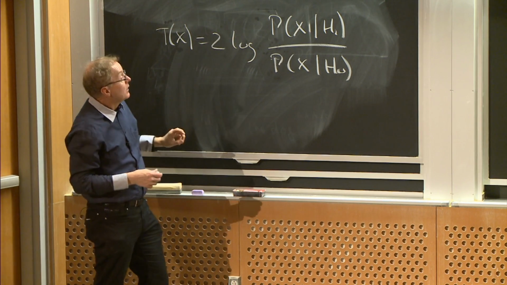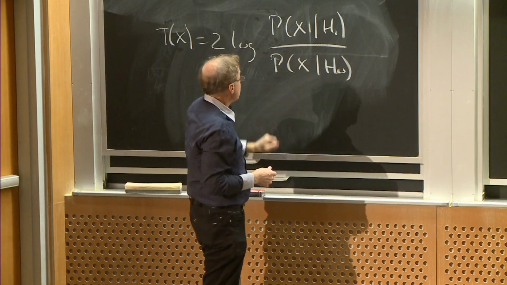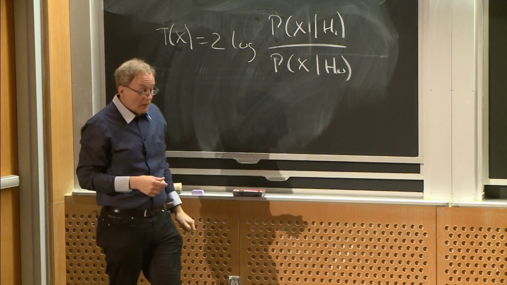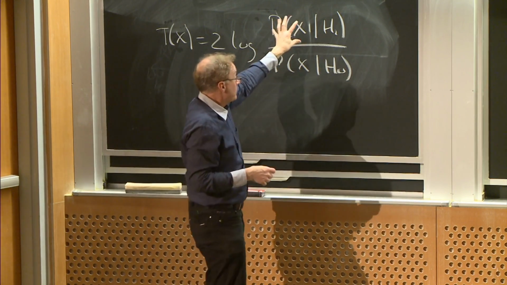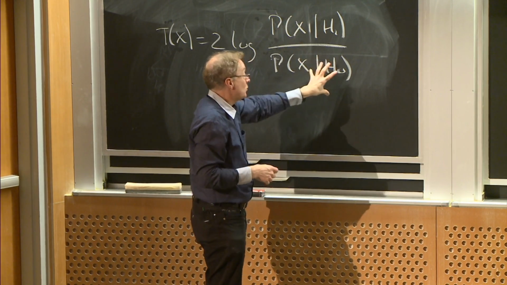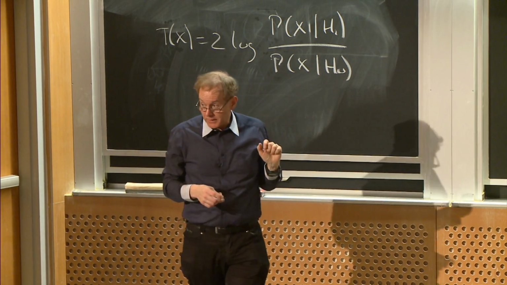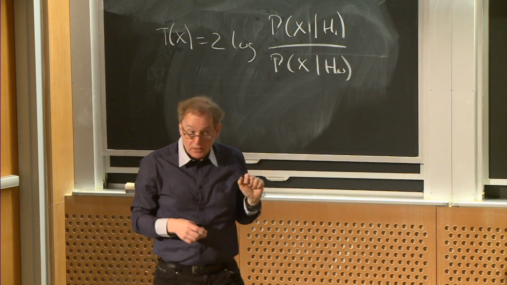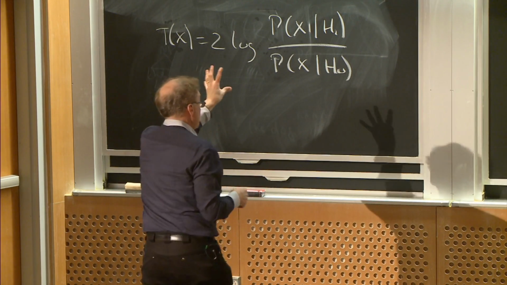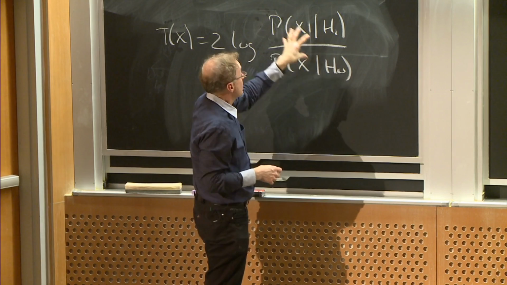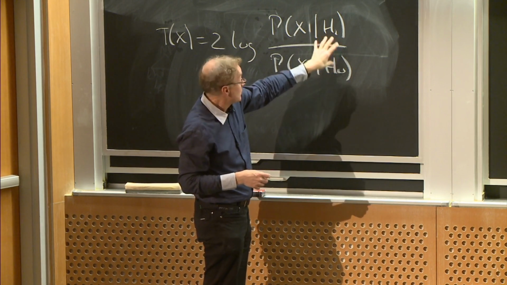Okay? The question is, we know that this is always going to be better even when the data was generated from H0. But when is this sufficiently better for us to believe that H0 is not true and we should accept H1?